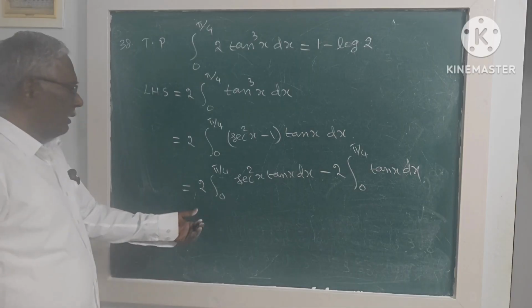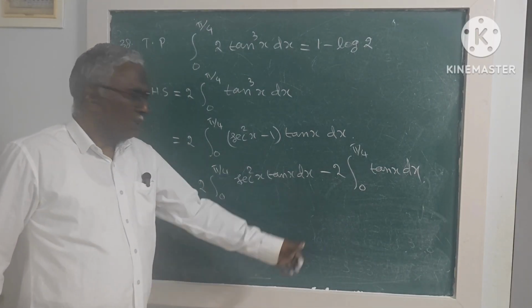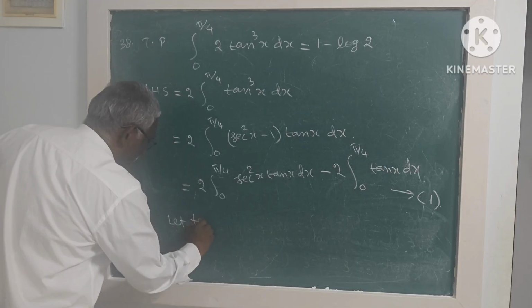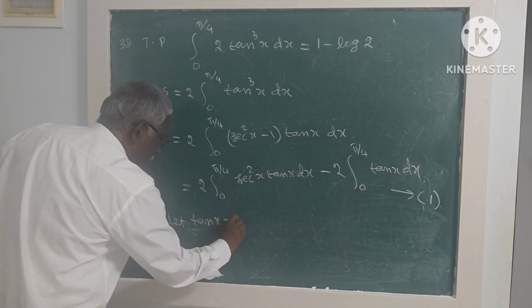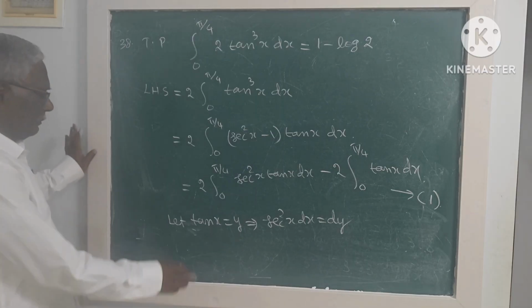Here, if we differentiate tan x, secant square x dx is coming. Let tan x be y; we have to check the limit.